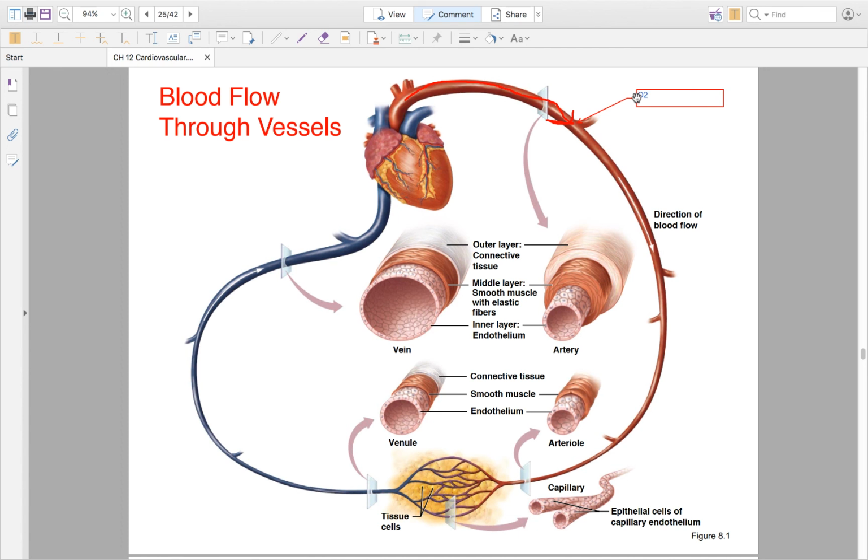This is O2 rich blood. Great. O2 rich blood is in our arteries, and see how it's moving away from the heart and towards the body.